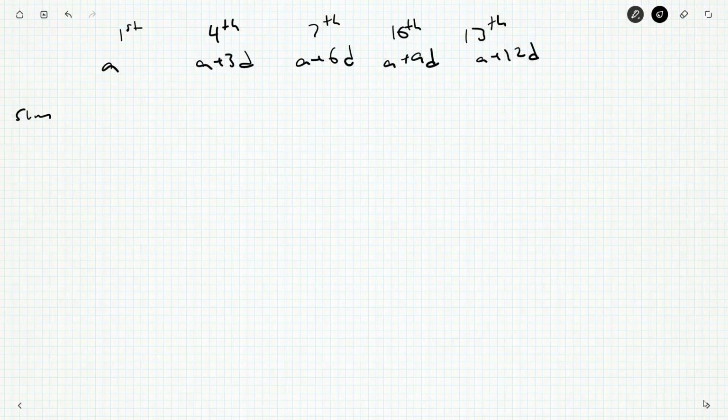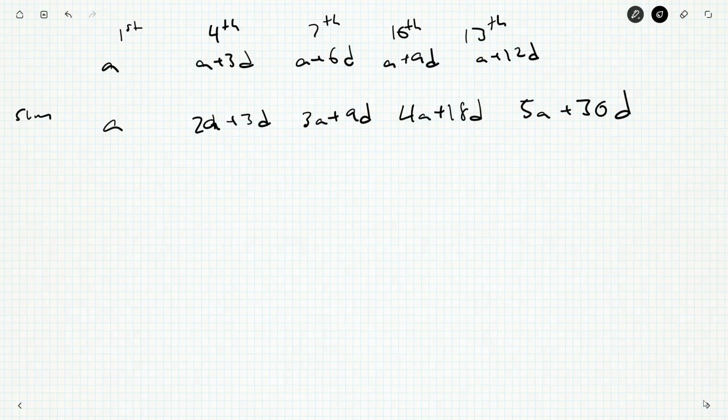So our sum would be a, 2a plus 3d, 3a plus 9d, 4a plus 18d, 5a plus 30d.